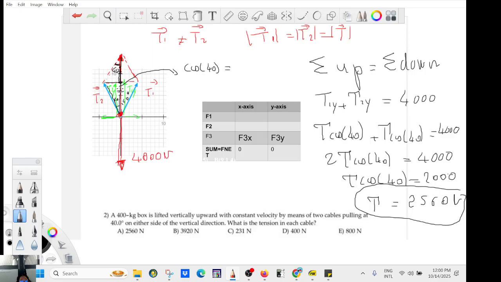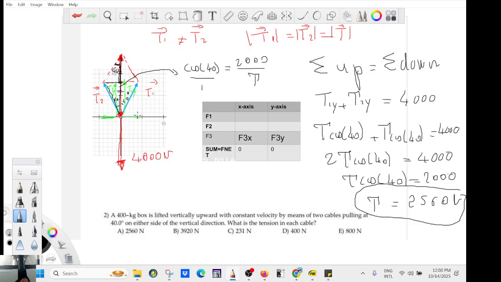So that will be 2,000 over hypotenuse T. Okay, you go even faster. You see, if you walk in that triangle here, if this is 4,000, that's going to be 2,000. So in that right angle triangle, you can say cosine 40 equals adjacent over hypotenuse. That's way number two. That's a very elegant way.